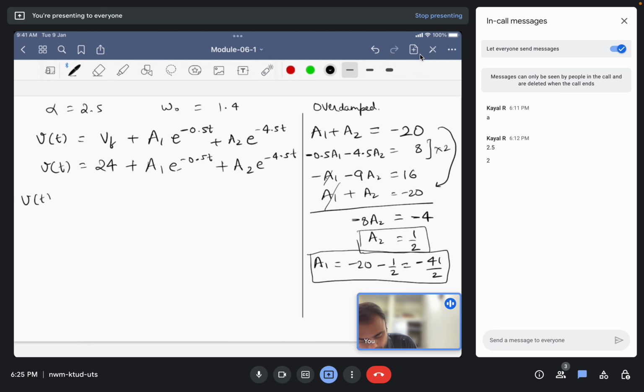So V of t will become 24 plus A1, and A1 is negative, so it will be minus 41 by 2 e to the power minus 0.5 t. And A2 is positive 1 by 2, so plus 1 by 2 e to the power minus 4.5 t. So this is the voltage waveform.